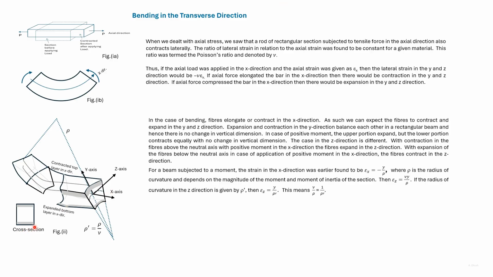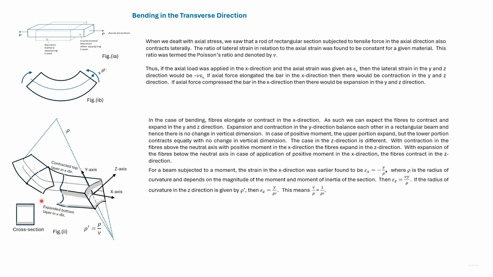Consider this to be a cross section before moment has been applied. This has the top layer and this has the bottom layer. Consider the top layer. In the x direction, there has been contraction. So we expect expansion in the y direction.